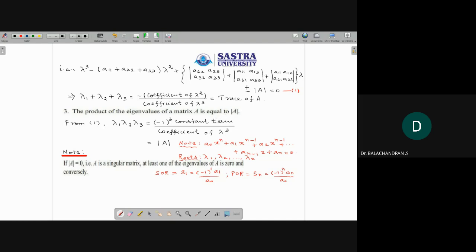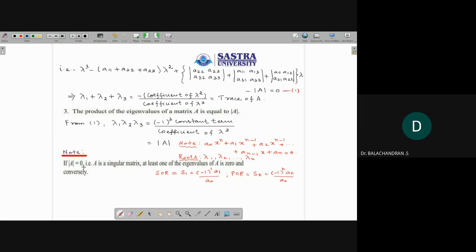Minus determinant of A. So minus 1 whole power 3 is minus, and the constant term is minus determinant of A, divided by 1. That is equal to the determinant of A. So the product of the eigenvalues is equal to the determinant of A. Property number 3 is over.